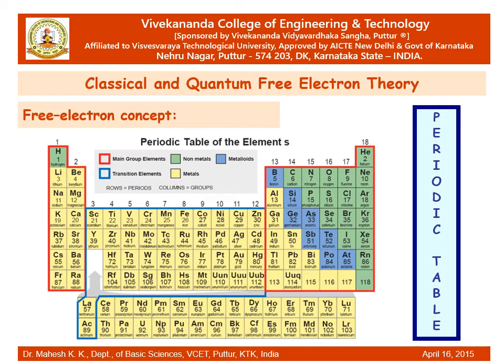It could be any material exhibiting any properties, but everything depends on what it is made up of. All of us know that they are all made up of some basic elements, which we learn in the periodic table.